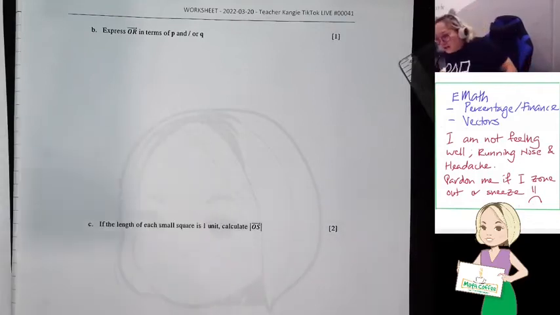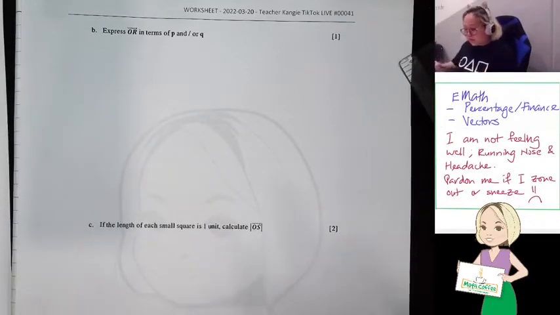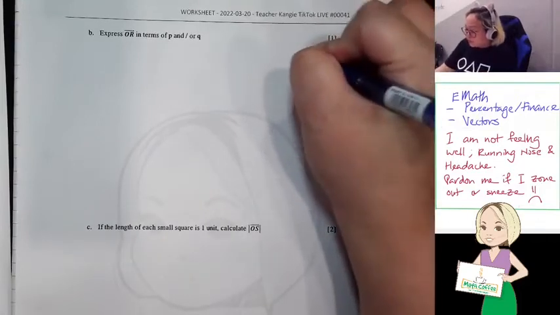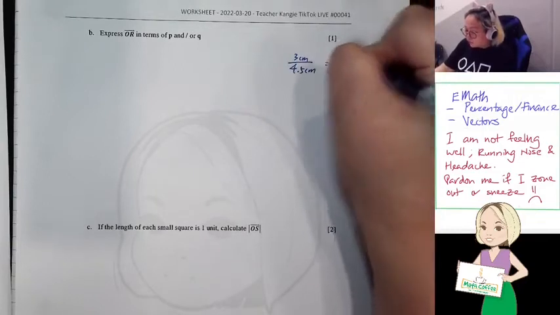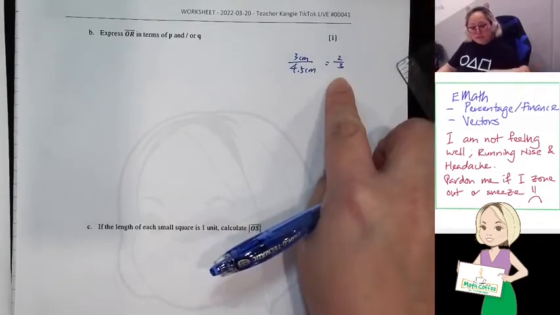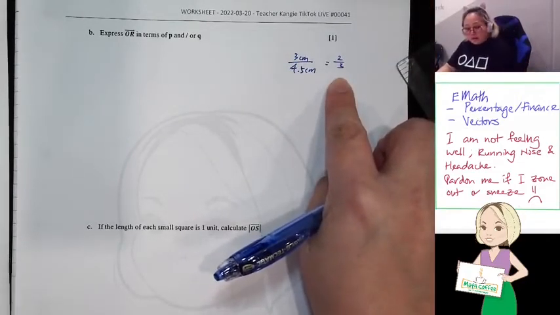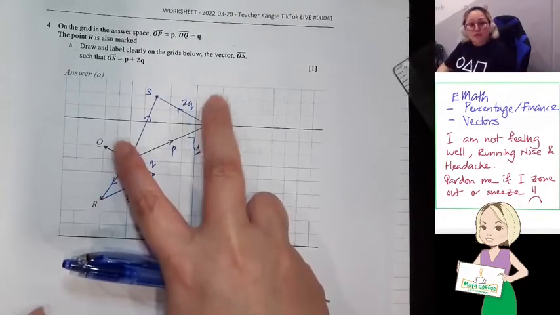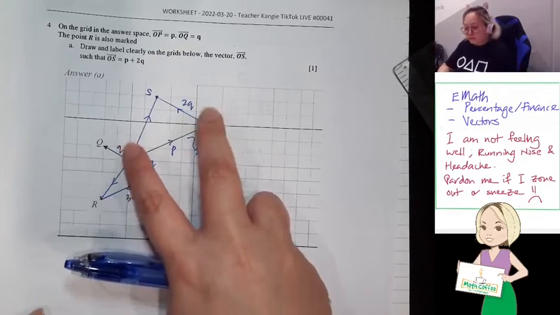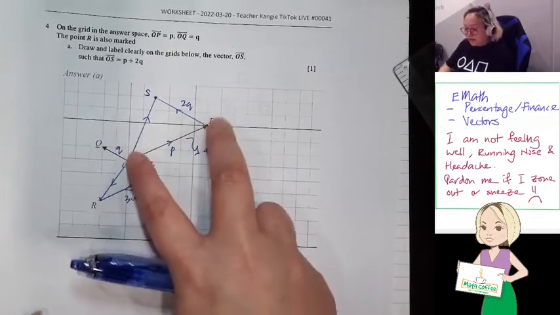So we write 3 cm out of 4.5 cm, and we will see that it is 2/3. So this length here is 2/3 of this length. You understand?